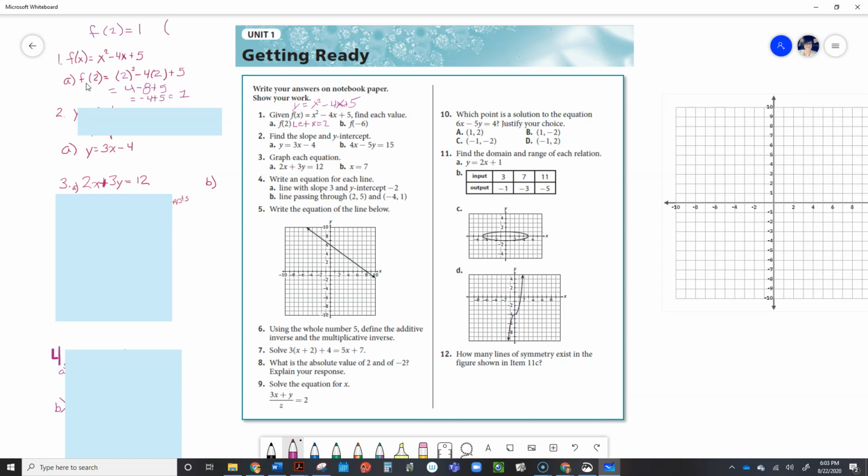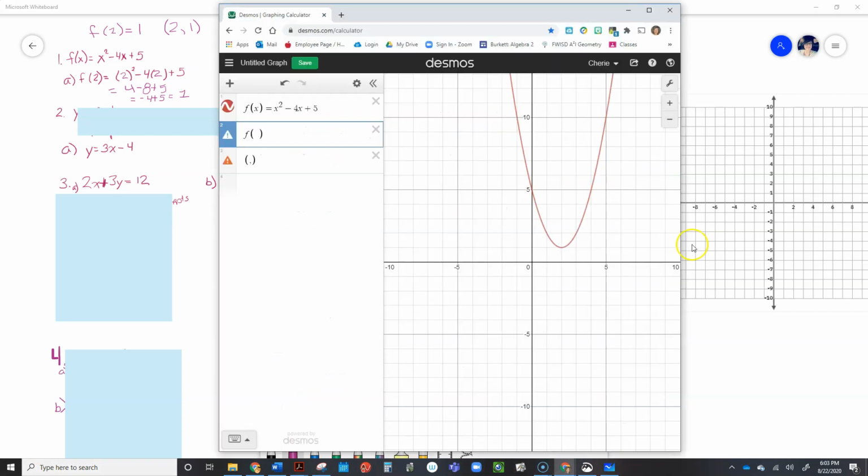Please be sure you understand that another way of writing that answer is the point (2, 1), because that's exactly what that means. I want to show you, if you have not been using the Desmos.com calculator, there's the address right there.